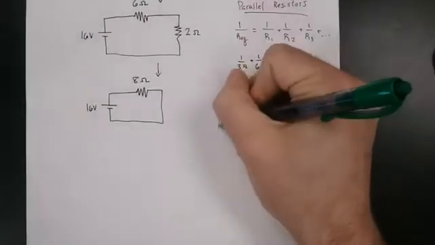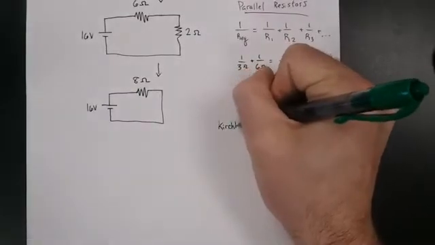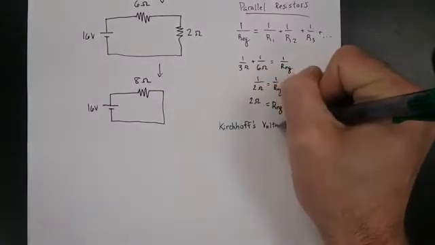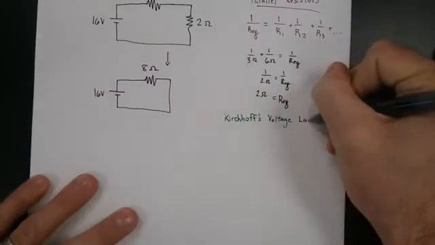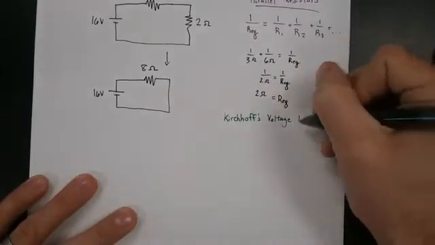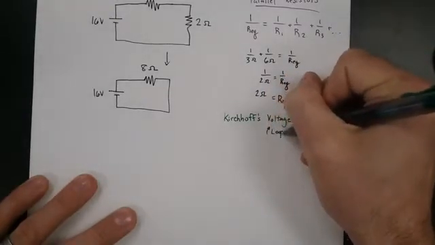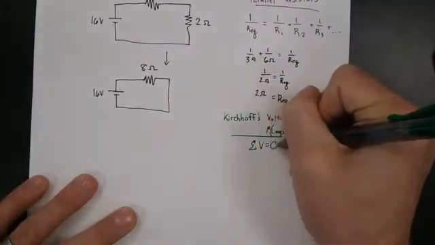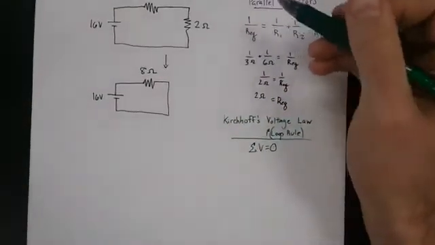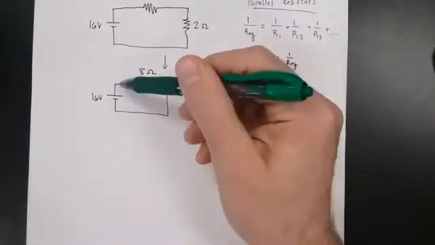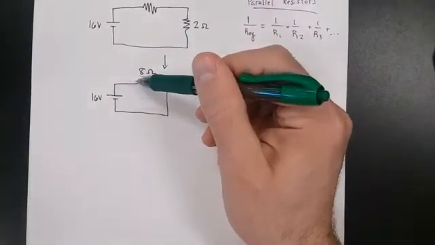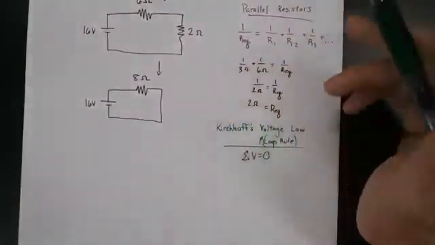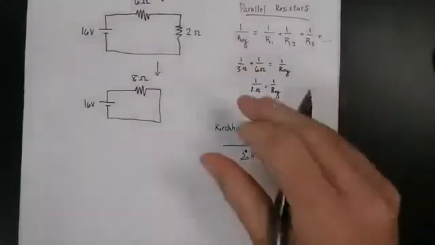The voltage law, which is sometimes described as Kirchhoff's voltage law, also called the loop rule, says the sum of the volts in any closed loop must be 0. Meaning that if I go up 16 volts at this location, as I go through the loop, I'm going to go down 16 volts. That has to happen in a circuit. Whatever volts you go up, you have to go down too.